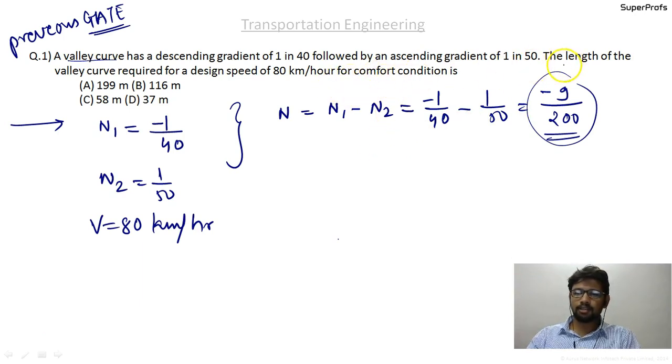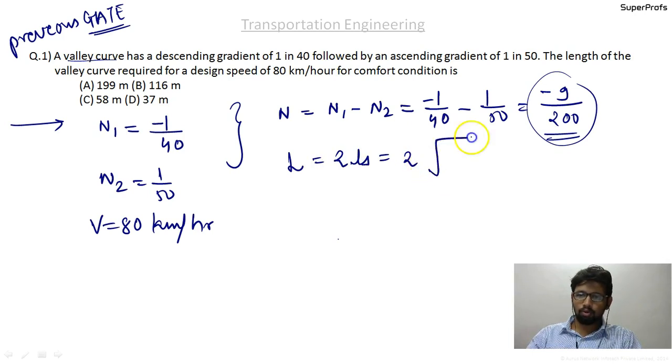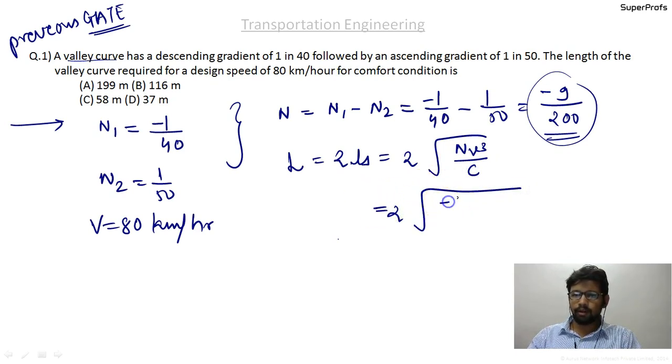What has been asked is the length of the valley curve required for a design speed of 80 km per hour for comfort condition. So the length is given as L equal to 2 Ls, equal to 2 times the square root of N v cube by C. So it is equal to 2 root of N, where the N value is 9 by 200.